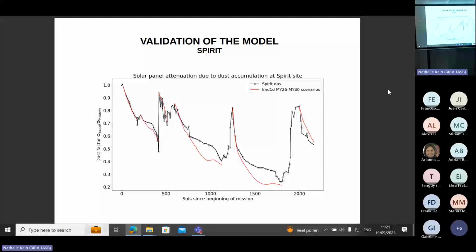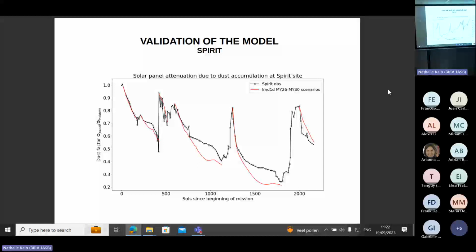So it is actually the incident solar flux above the dust layer that has accumulated on the surface. No, sorry, it's the solar flux received by the surface divided by the solar flux above the accumulated dust. So it's basically the attenuation due to the dust.